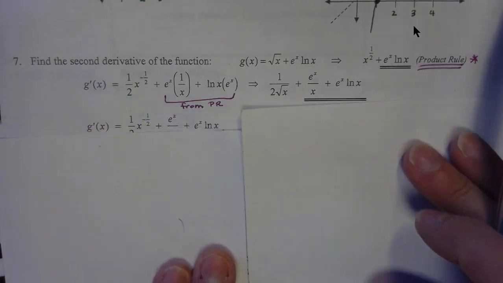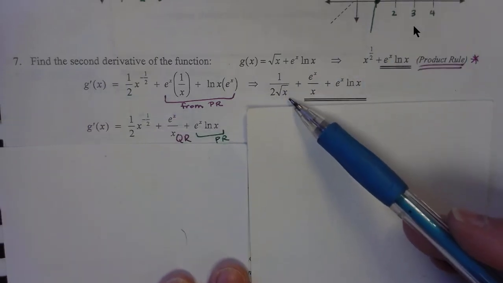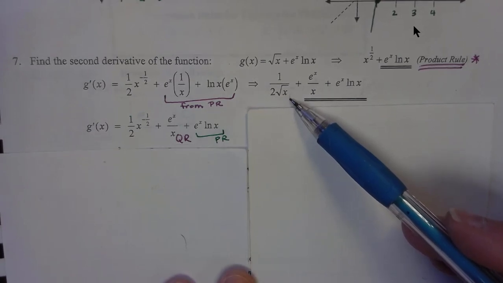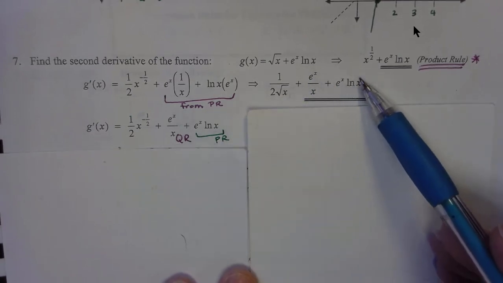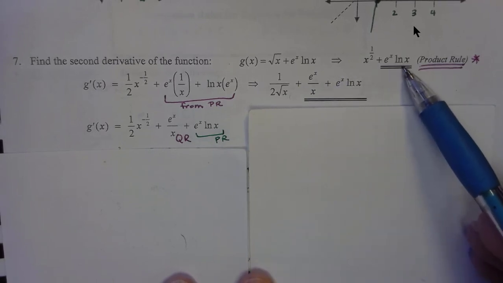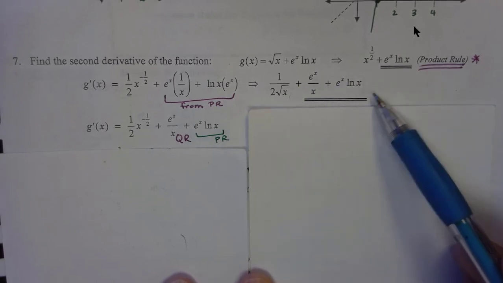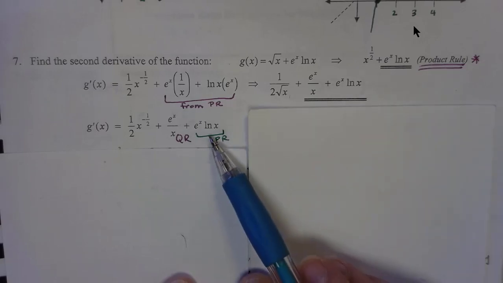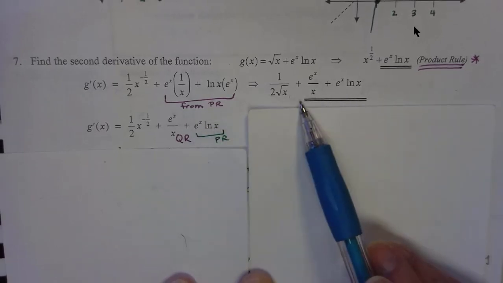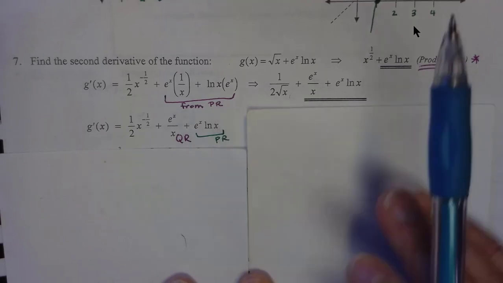So again, I'm going to revert to my exponential form for this term. I am going to have to do quotient rule for this term. And guess what? For this one, I did that right up here. All of this is the derivative of the product e to the x times natural log of x. So I already know what's going to go right here, all of that. But I have to do quotient rule here.